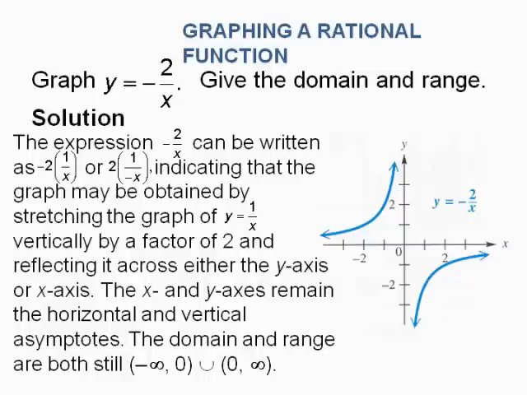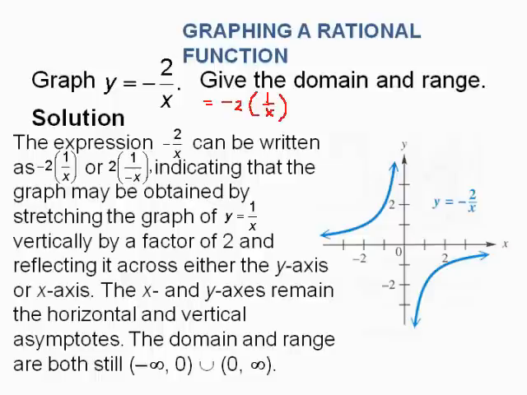Now notice we can also do some stretching and translations with these graphs. Since they are functions, they behave like functions. If we graph y equals negative 2 over x, we're going to stretch this thing. Another way to write that, as it says down here, is we could take that negative 2 out in front, and then there's our function we graphed on the last slide.